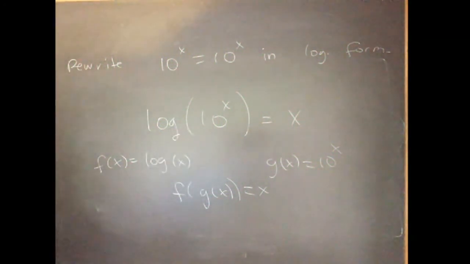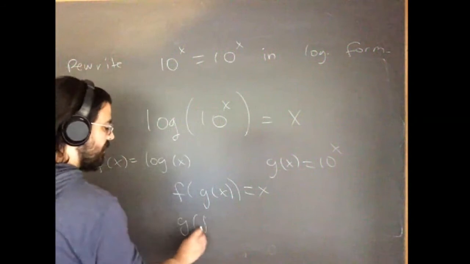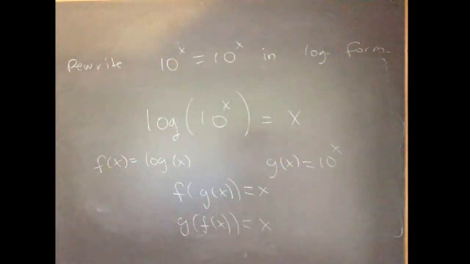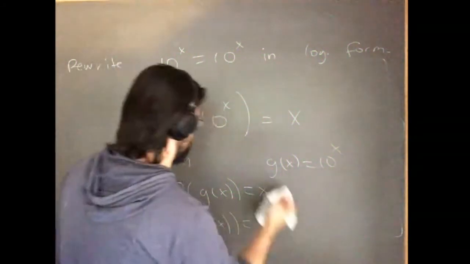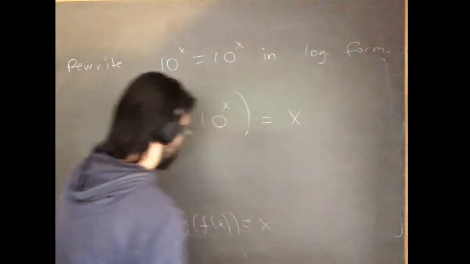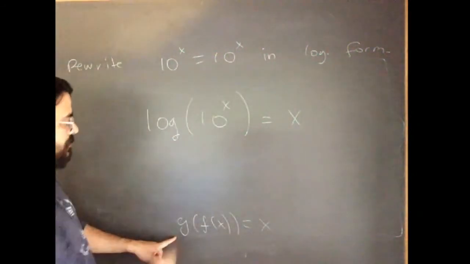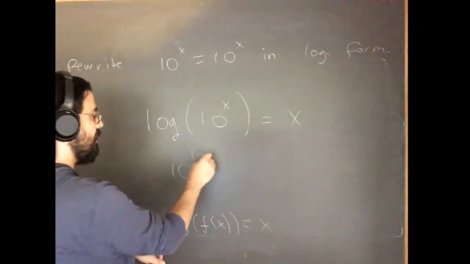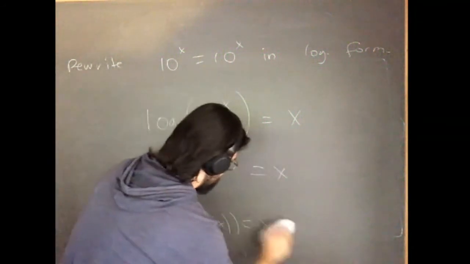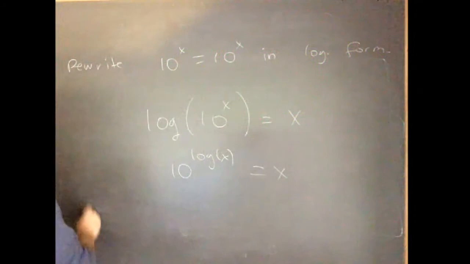If we look at g of f of x, it turns out that it's also equal to x, okay? Instead of going through the same calculation, let me just write out what that would mean in equation form. It would mean that you have 10 to the log of x is equal to x. And what we're seeing here is that these are inverse functions.